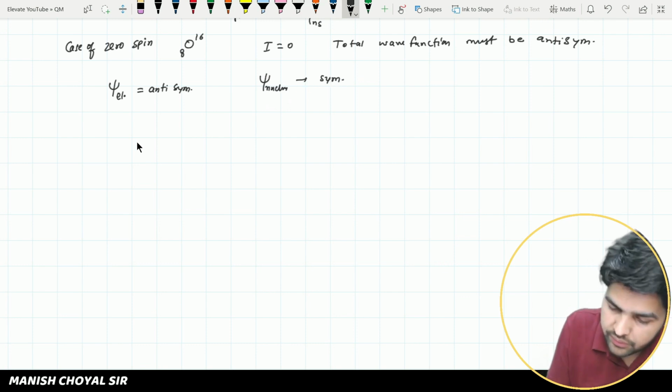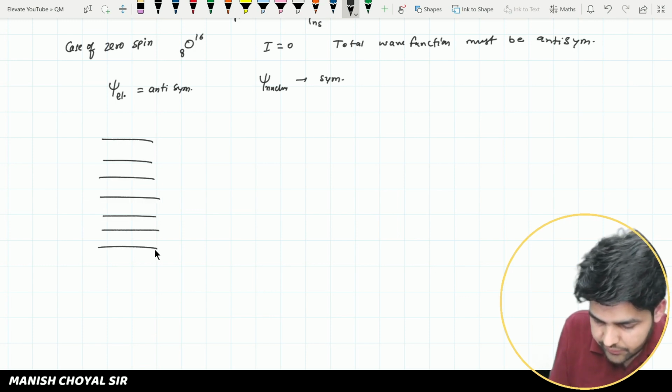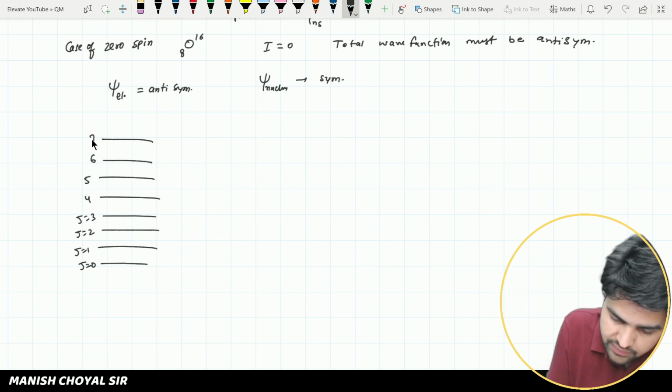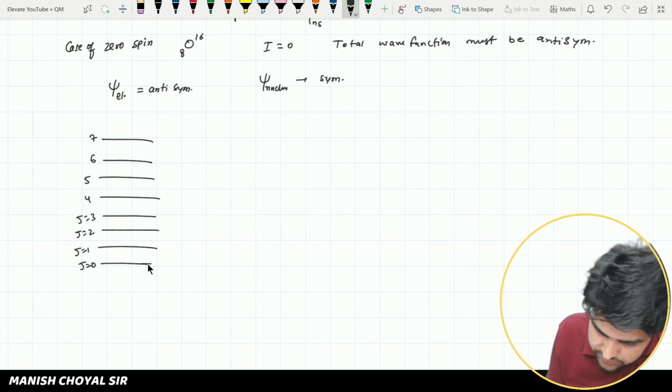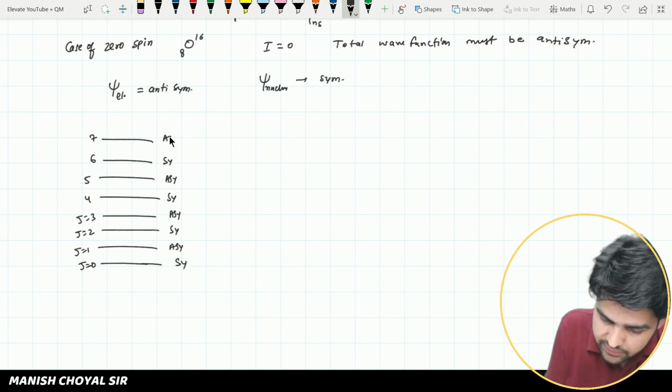We have levels again: J equals 0, 1, 2, 3, 4, 5, 6 and 7. Okay, so this is symmetric, antisymmetric, symmetric, antisymmetric, and so on alternately. These are the rotational levels.